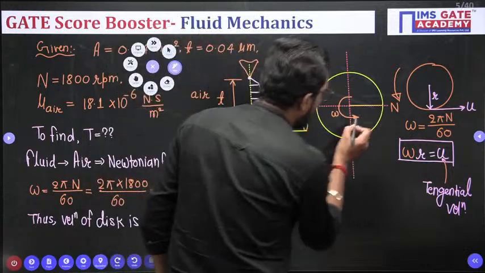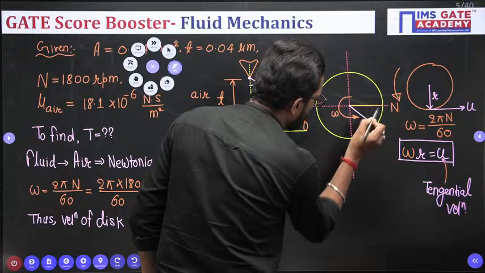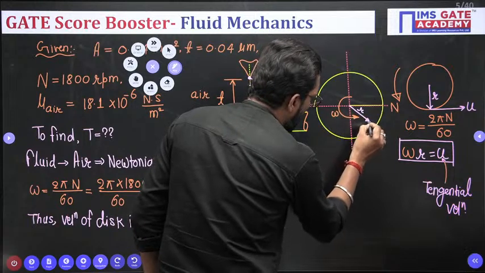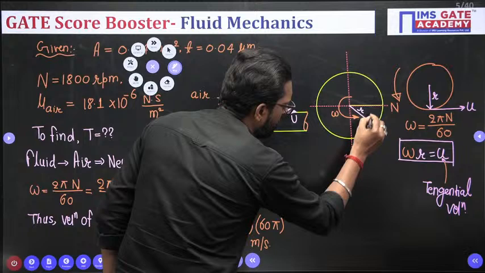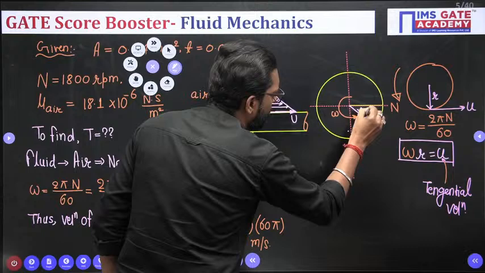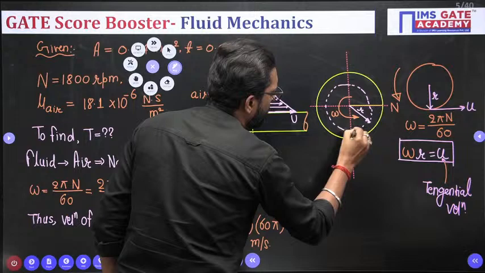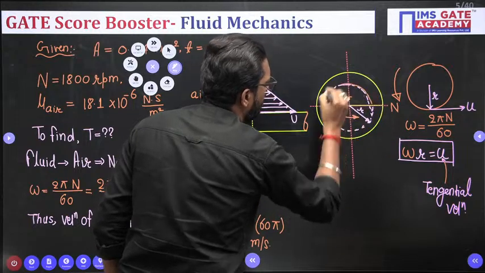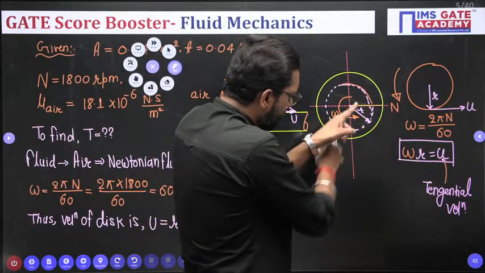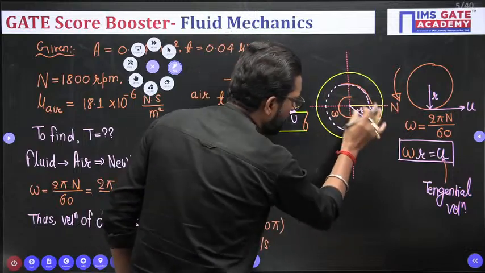So the needle is here. Let's suppose this is the position of the needle at a radius r. This is an arc, a circular path along which the needle sits as the disc moves, and on this path there is air.